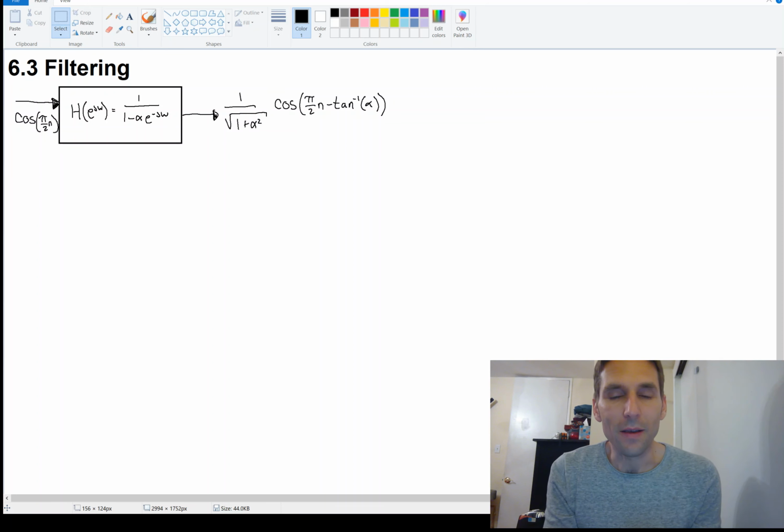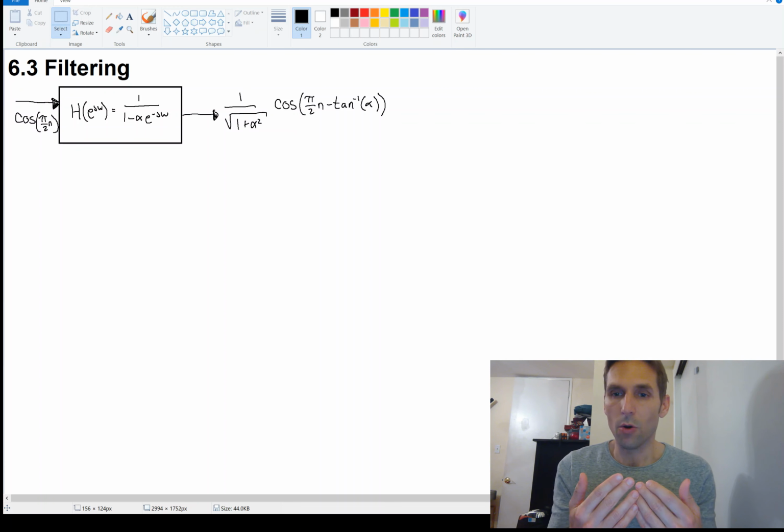Hi, welcome back. We've been talking about the practical applications of the Fourier series, and one of those applications is what's called filtering. Filtering allows us to accept or reject certain frequency components.